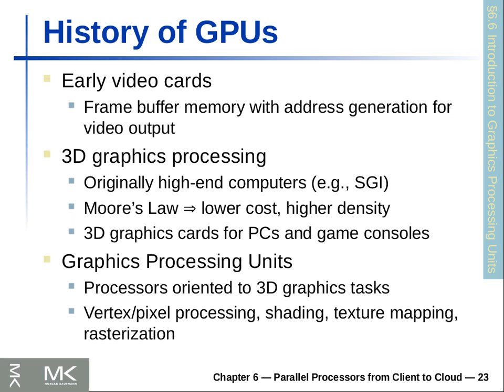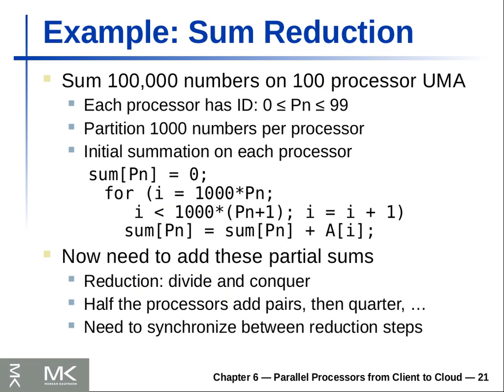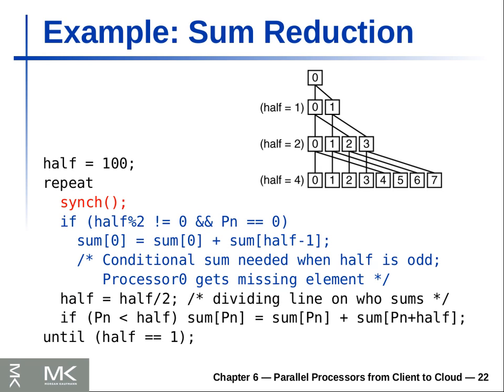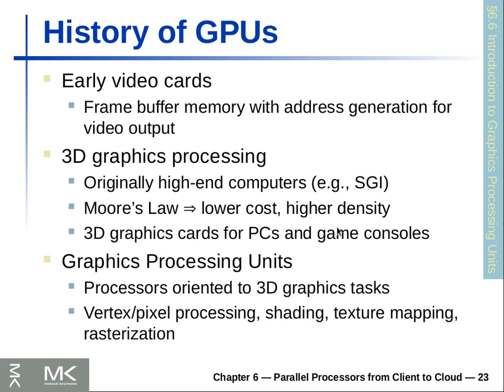You can calculate a pixel from the previous frame, and you don't need any type of lock or synchronization. Remember the earlier example: once everyone did their sum, we had to synchronize and then gather the sums together. Over here, if you want to calculate what the next pixel is going to be, you don't need to communicate with all your other pixels. You just need to know what the previous state was, and then you can calculate it.